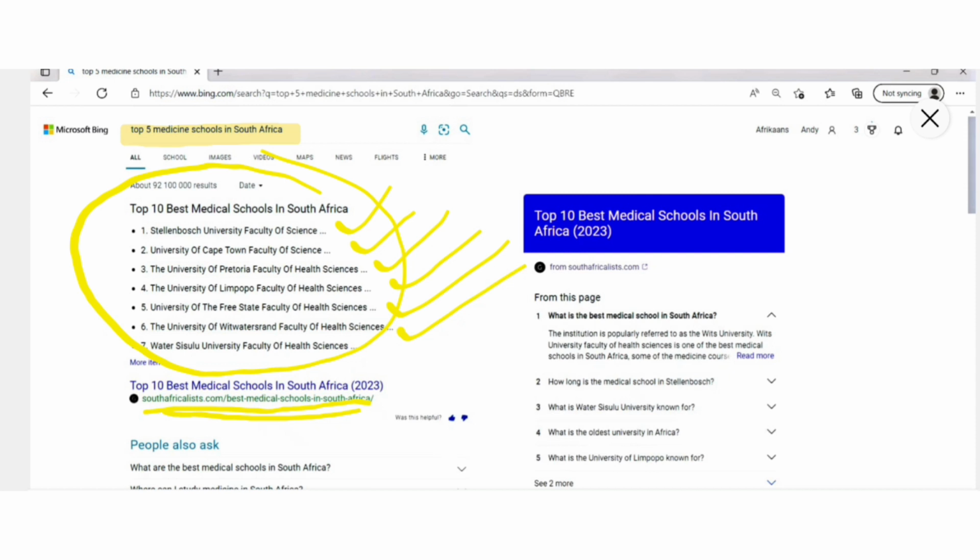So what do we do now? We are now looking for requirements to enter each of these universities.